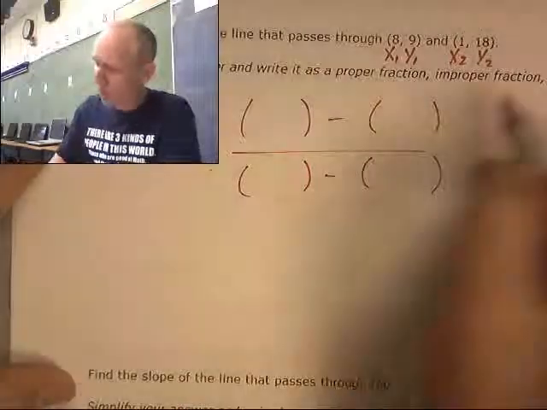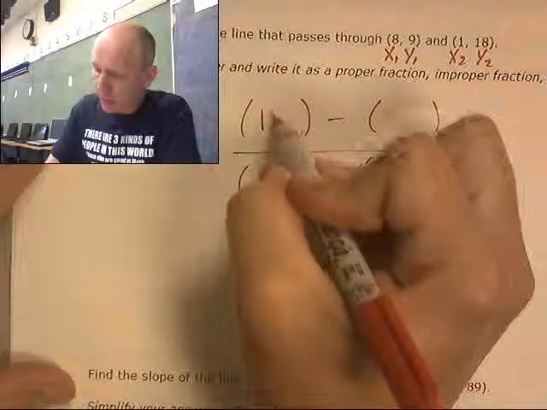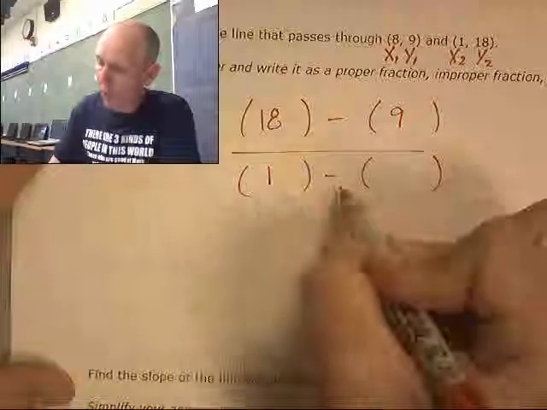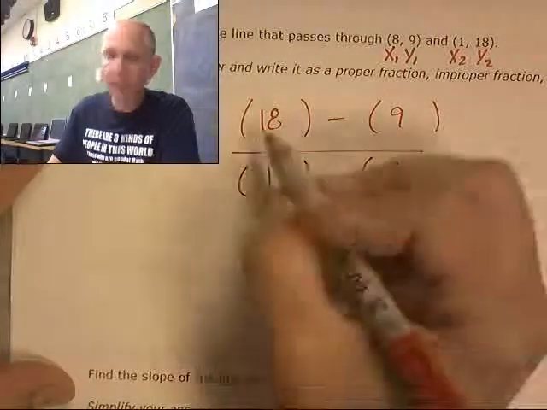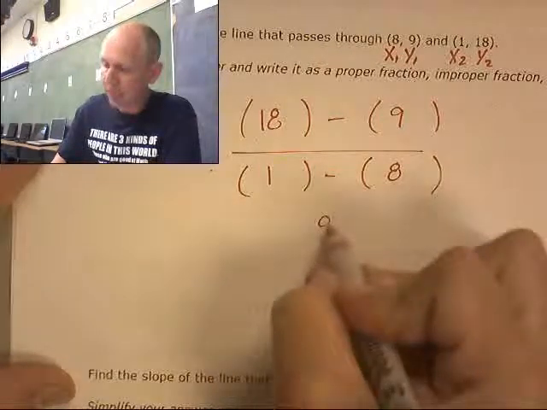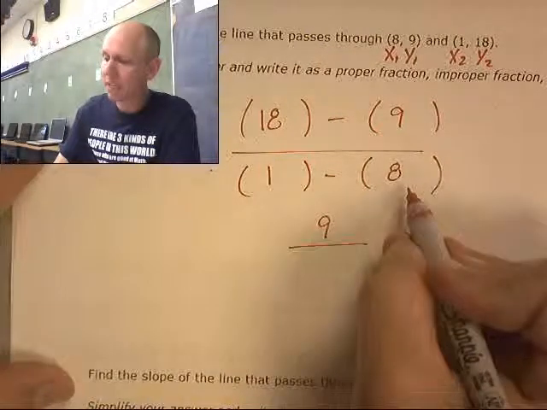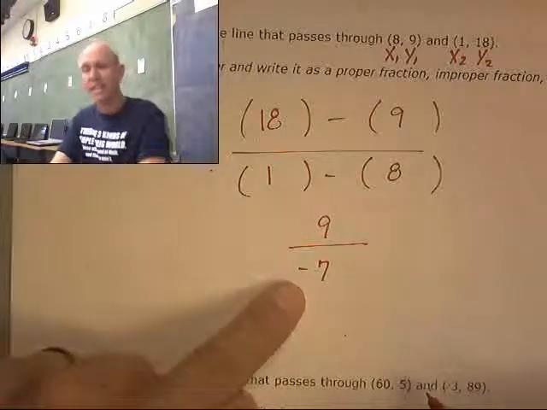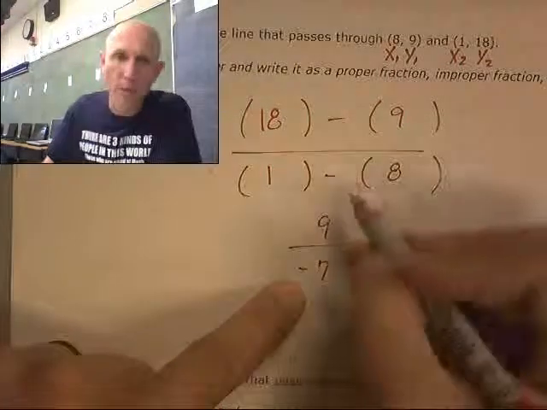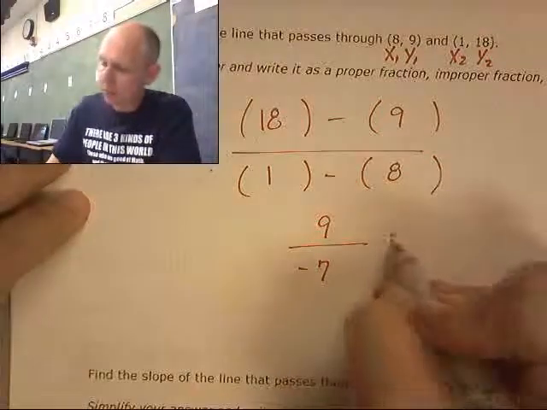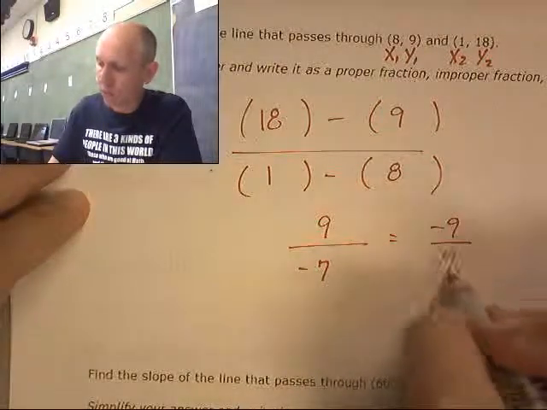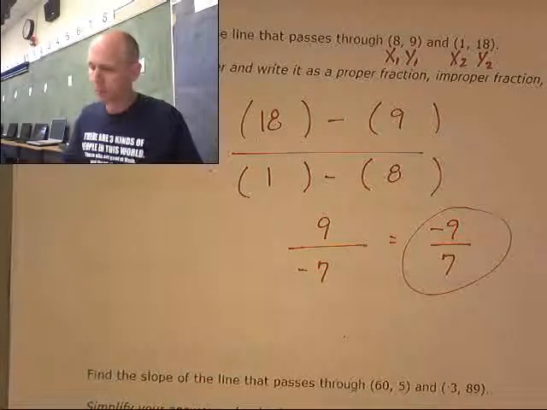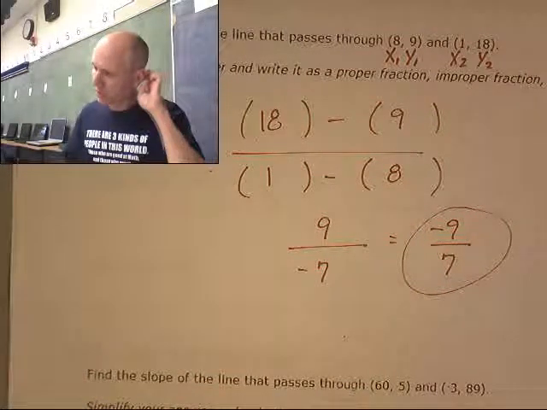Okay. y2 is 18 minus y1, which is 9. x2 is 1 minus x1, which is negative 8. 18 minus 9 is 9. 1 minus negative 8 is 9 over negative 7. That's my slope. I don't like having that negative down in the denominator, so I'm just going to push it up to the top. Write this as negative 9 over 7. That is the slope of this line. Hopefully that is correct. Negative 9 over 7.